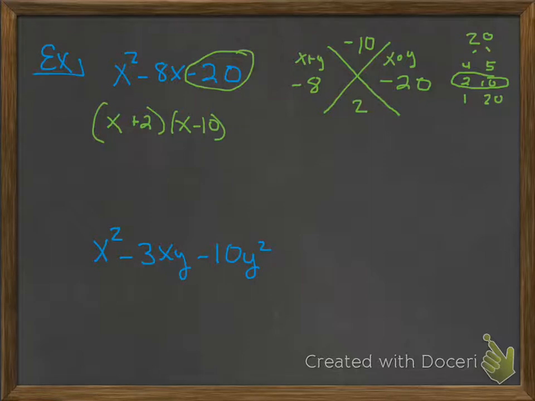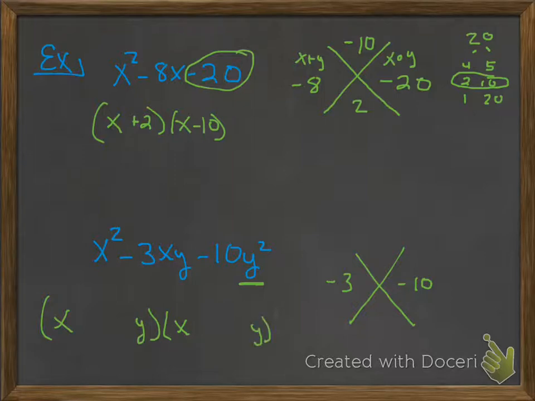Let's try it again for this next one. Two numbers that multiply together to get negative 10 and add together to get negative 3. And again, because I have that y squared at the end, when I set up my parentheses, I'm going to put an x and y in the beginning and in the end. Numbers that multiply together to get 10, and I know I need one to be negative.